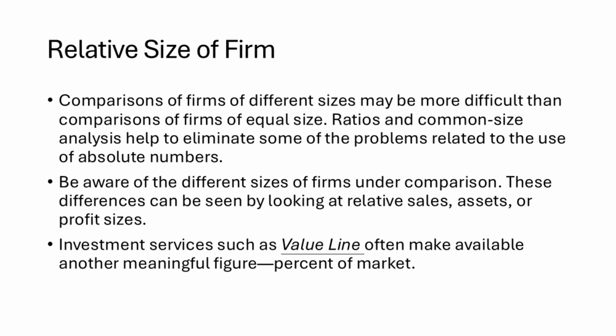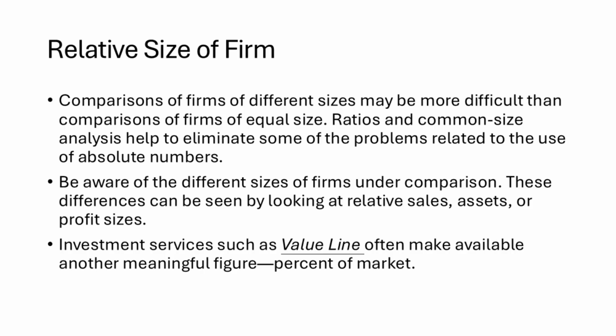For example, larger firms often have access to wider and more sophisticated capital markets, can buy in large quantities, and service wider markets. Ratios and common size analysis help to eliminate some of the problems related to the use of absolute numbers. Be aware of the different sizes of firms under comparison. These differences can be seen by looking at relative sales, assets, or profit sizes.